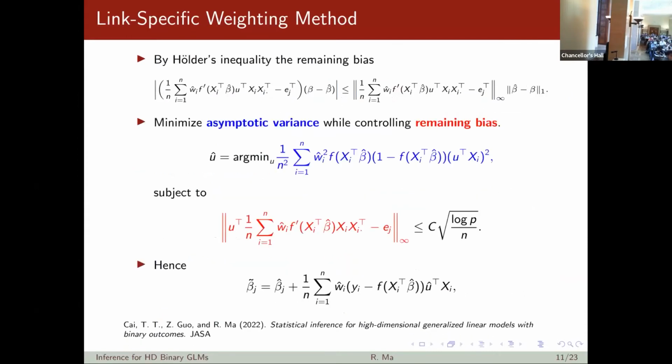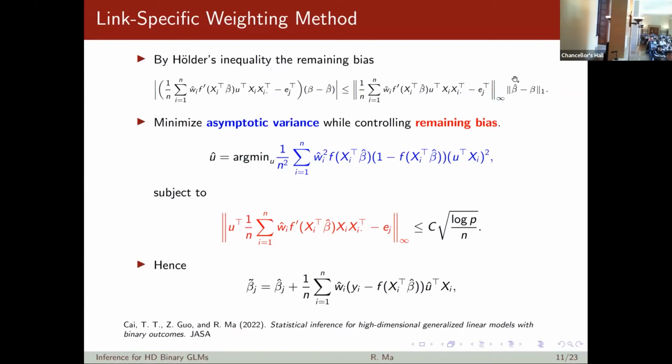Similarly, we can use the same idea to choose the projection vector u, and we consider solving a constrained optimization, where we minimize the asymptotic variance colored in blue, while at the same time controlling the remaining bias colored in red. This form comes from applying Hölder's inequality to the remaining bias.